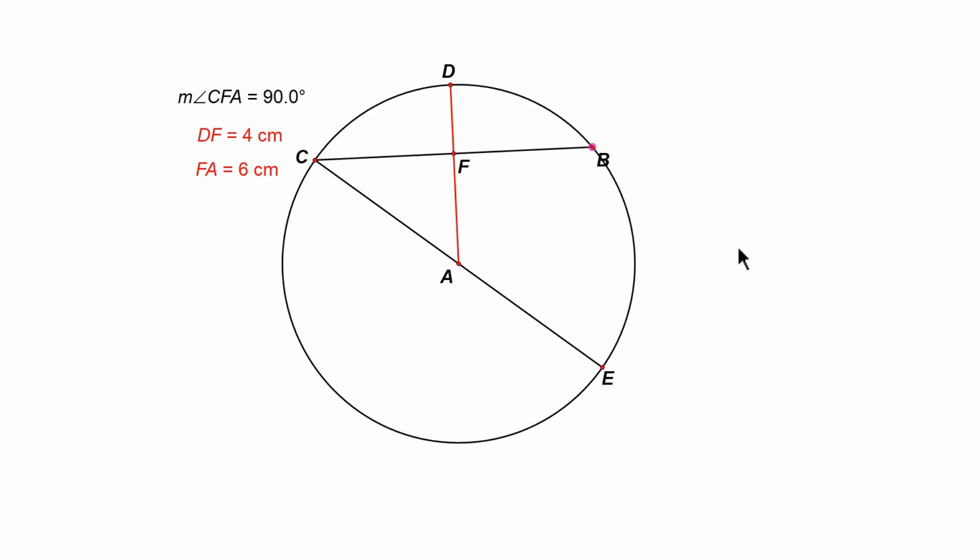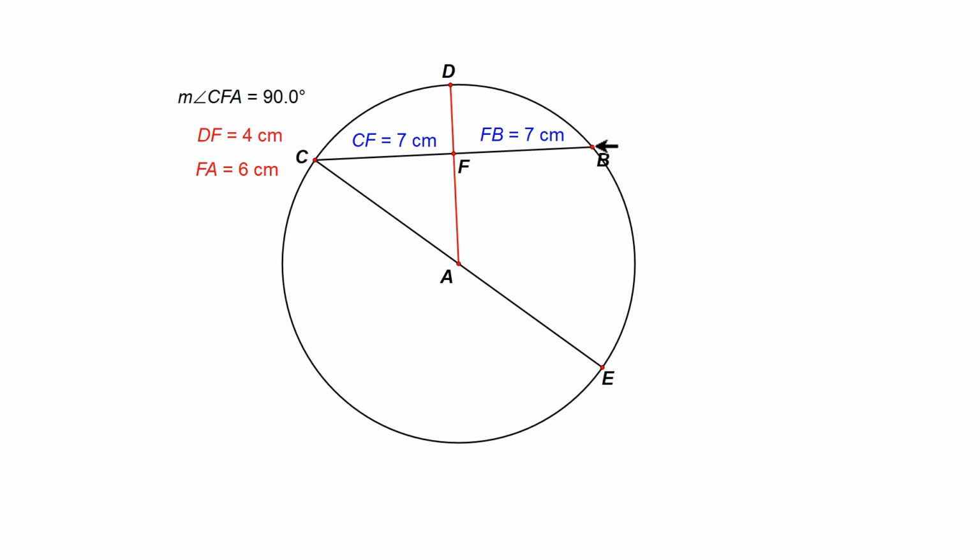Where you're getting that mixed up is if you have a diameter or a radius intersecting a chord at a 90 degree angle, it makes these two pieces on the side equal to each other. So this could be a diameter if I kept drawing it. But that is true.